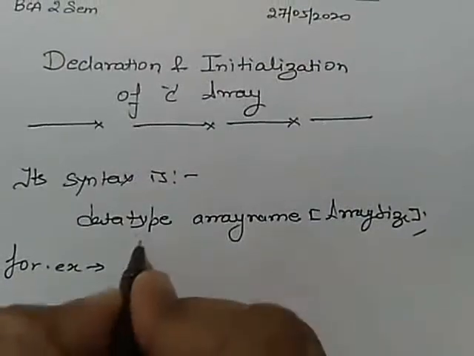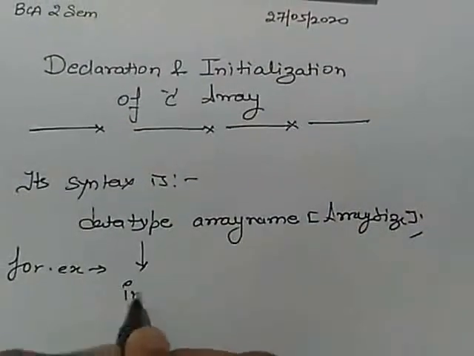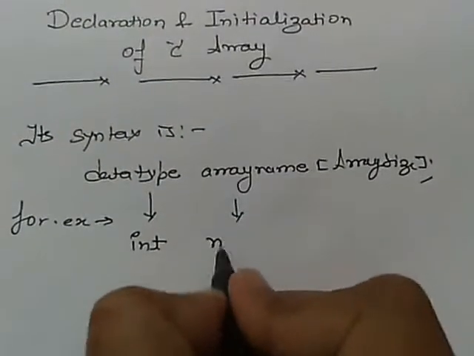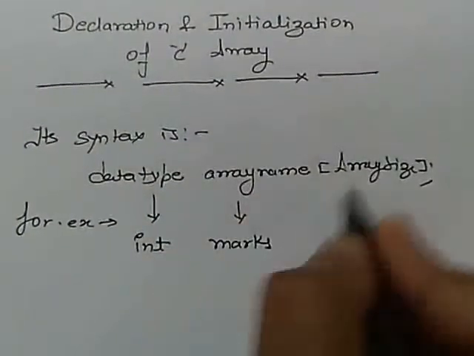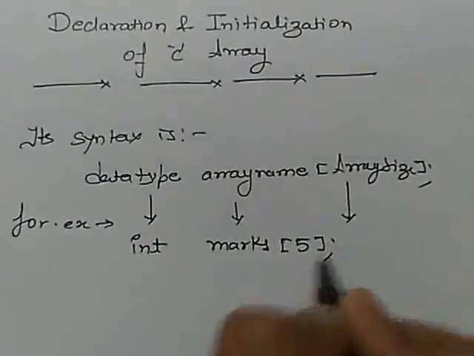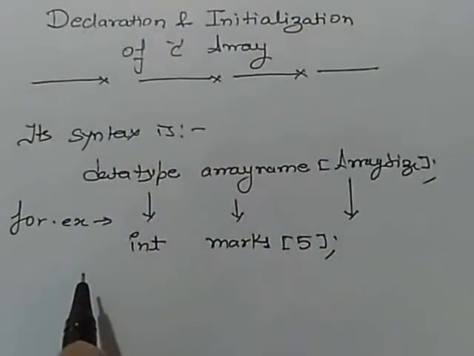First we have to mention the data type, that is integer, array name, that is marks, and the size in the square bracket is given by 5. So this is the declaration.